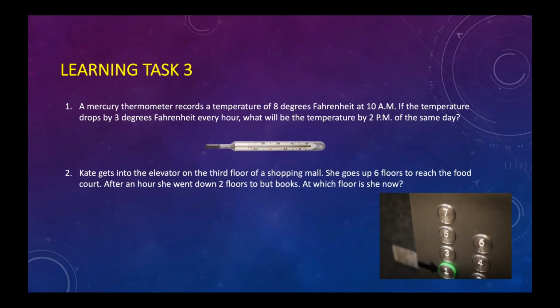So dito gagamit kayo ng number line. Mag-number line kayo, you show the degrees and the time. Okay, then if you're finished with that, continue with the question number 2.